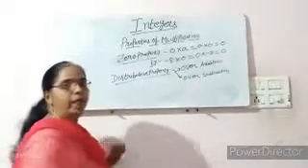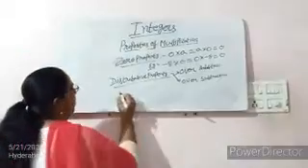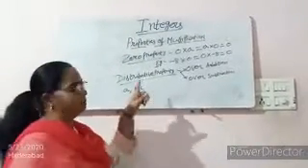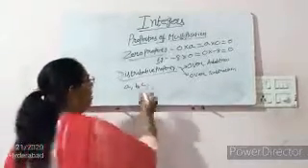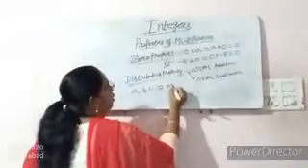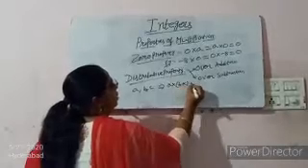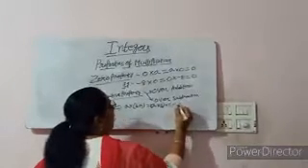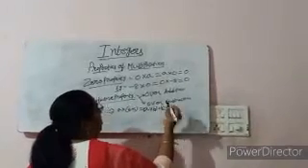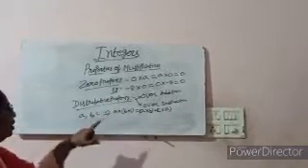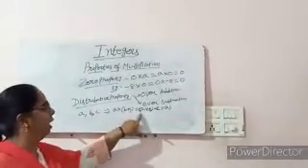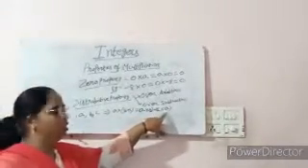If you take a, b and c as three integers, the distributive property over addition is a into (b plus c) equal to a into b plus a into c.